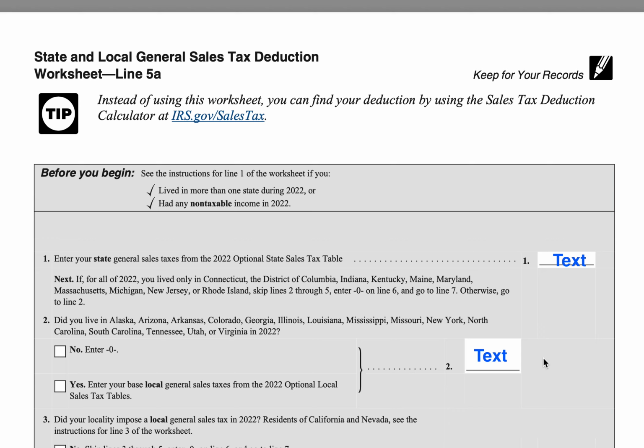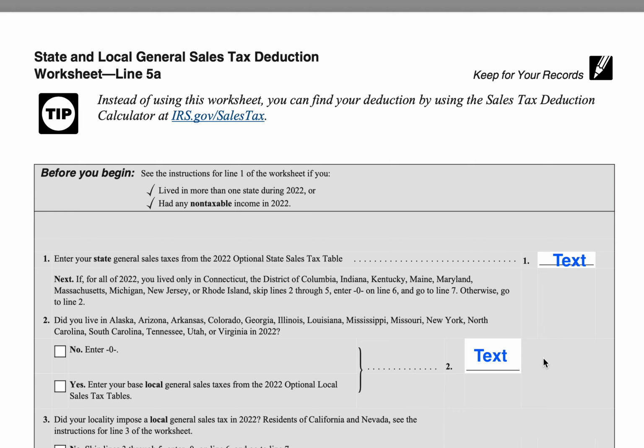can calculate it. You can keep track of your actual expenses, and by calculating your actual expenses, you might receive a larger refund if you made big-ticket purchases in the tax year.